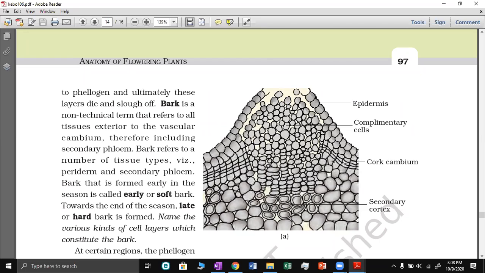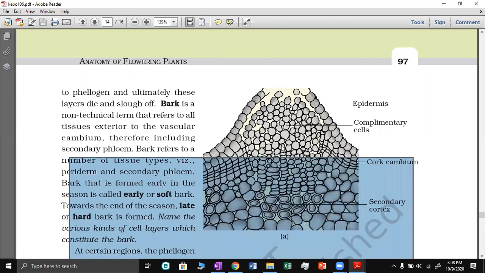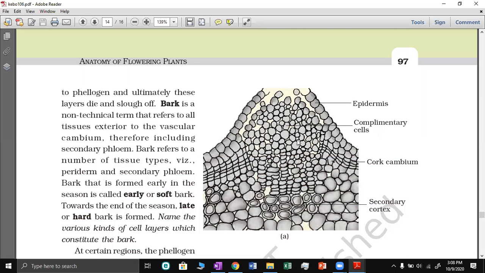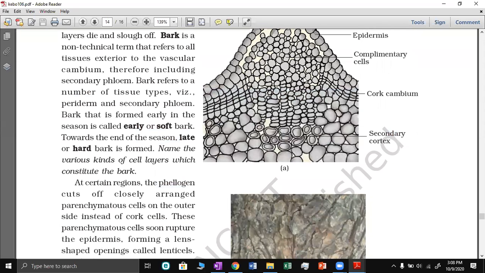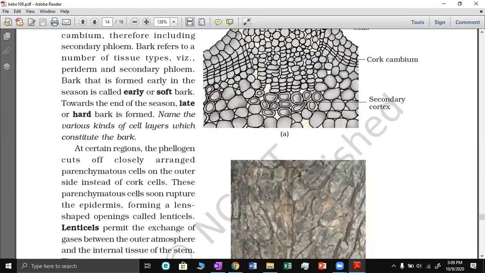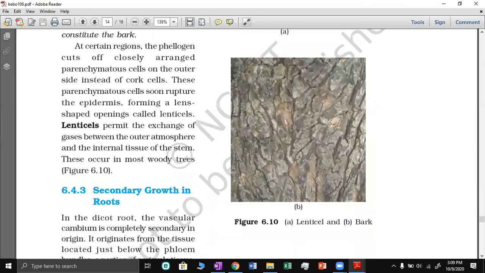Here the cork cambium you can see, but at the place where this lenticel is produced, the cells are loose, and the cork cambium is also very loosely arranged. This one is showing the bark portion of the tree.